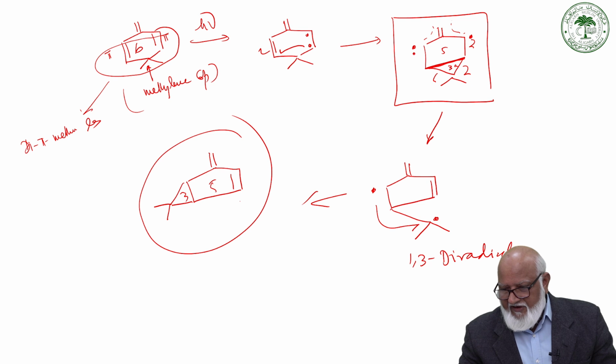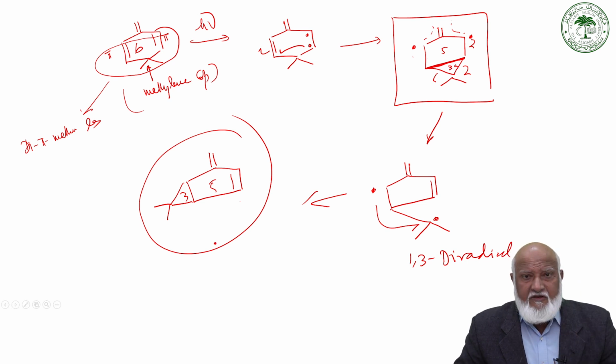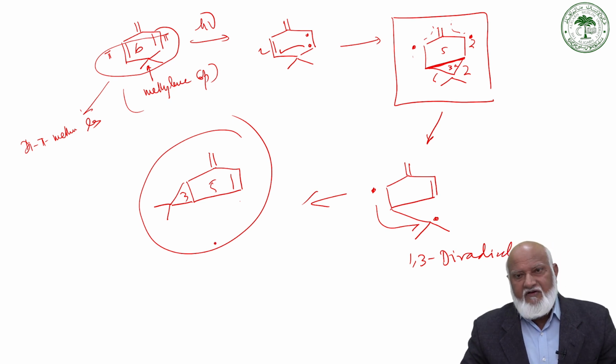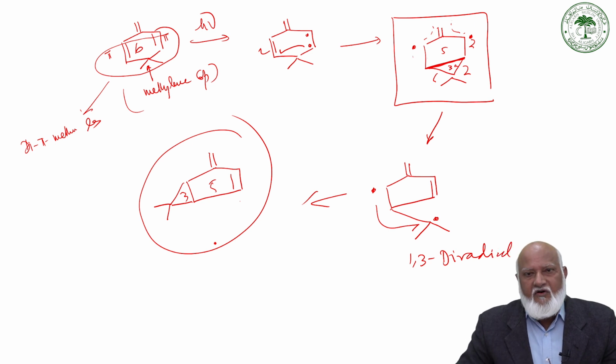And if we make a double bond here, then this double bond will be here, and the cyclopropane will be on the other side. So as far as the product is concerned, we can either make a double bond here and a cyclopropane on this side, or the other way around; it is the same.